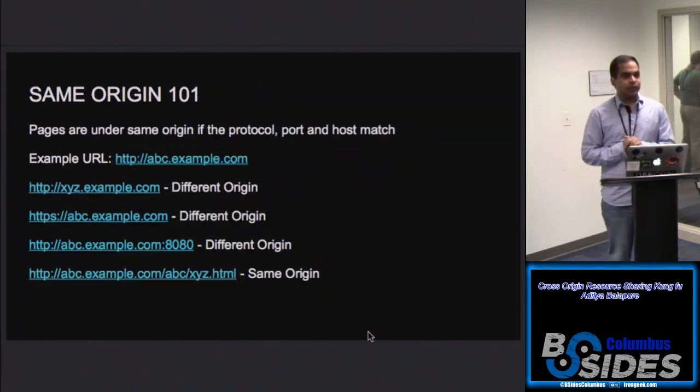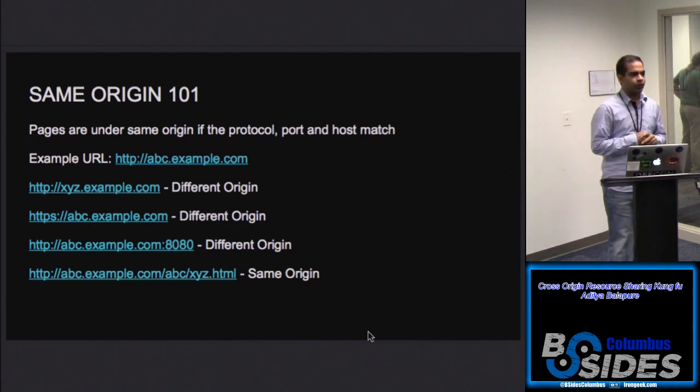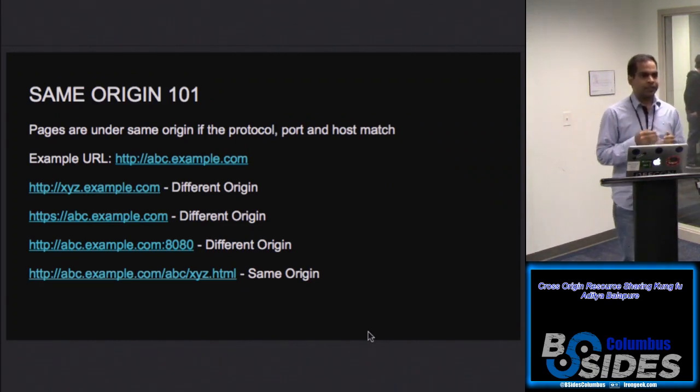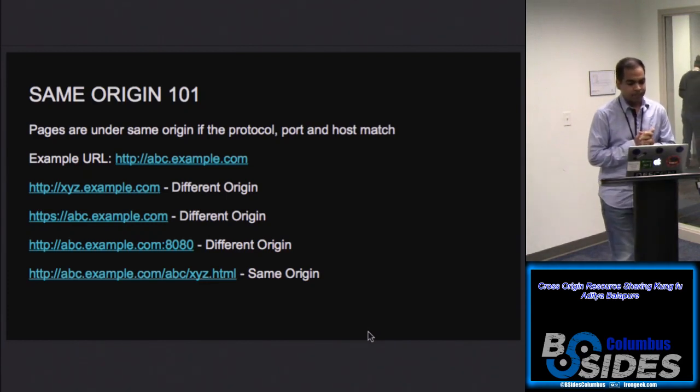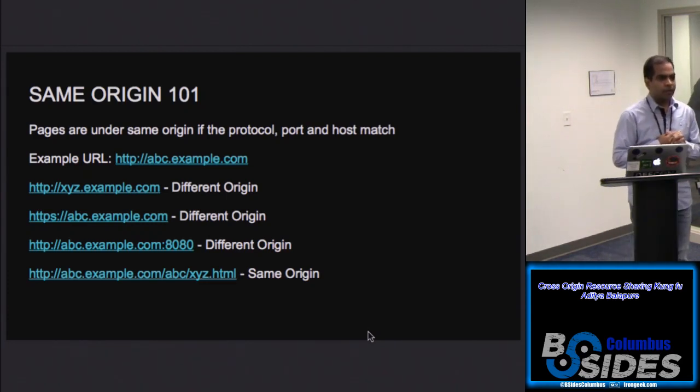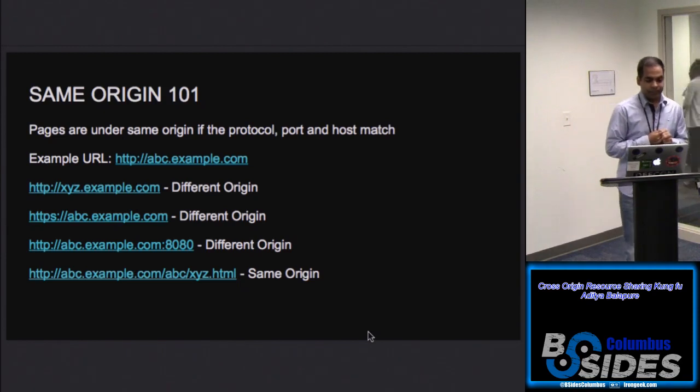Cool. So just a quick wrapper around the same-origin policy 101. Pages are under the same origin if they share the same protocol, host, and port. As an example, here we have abc.example.com being served over HTTP.